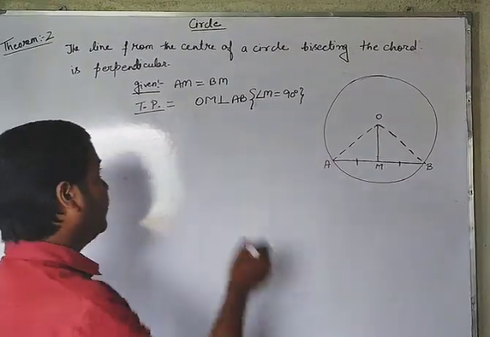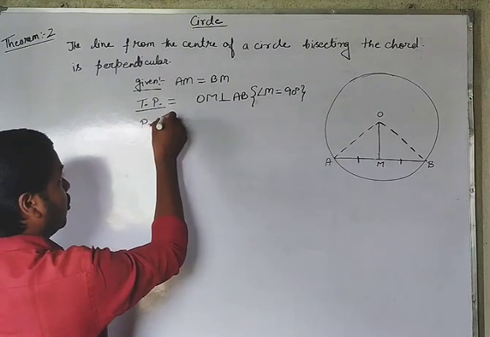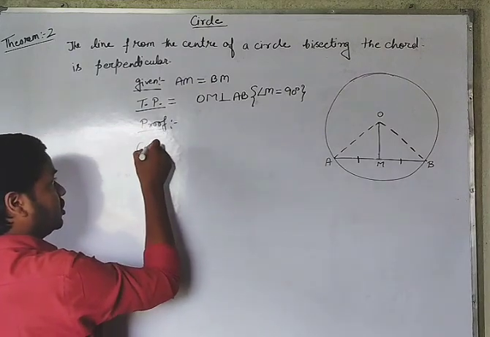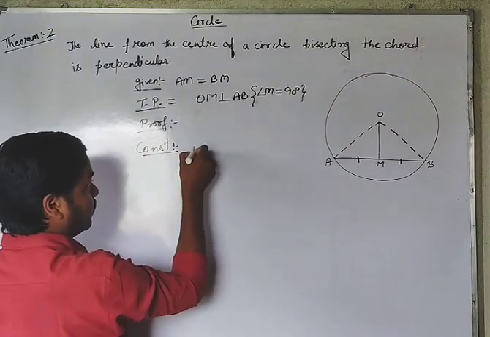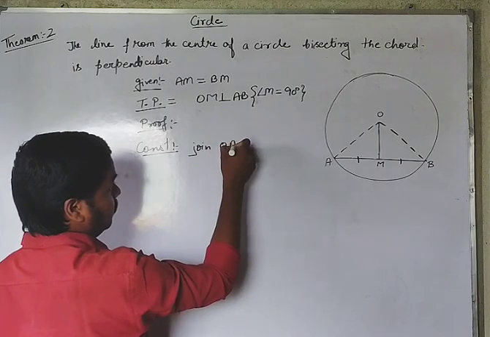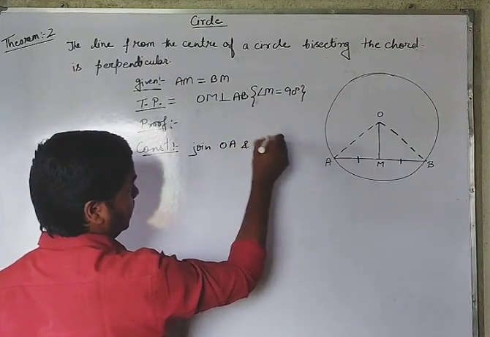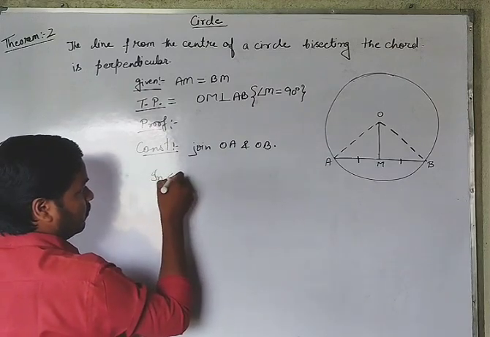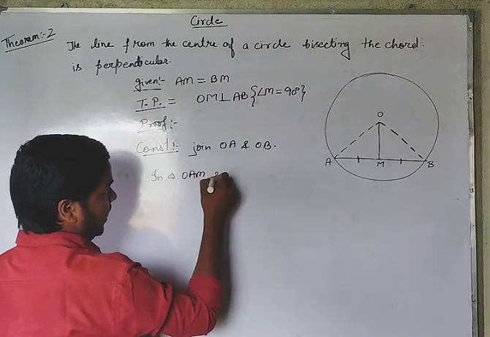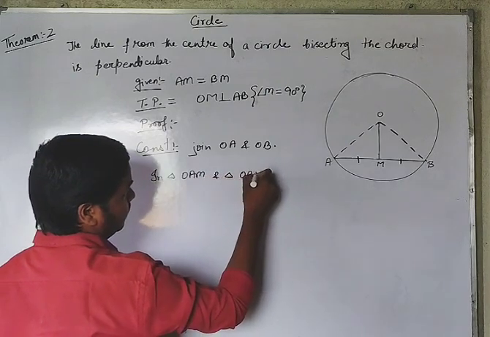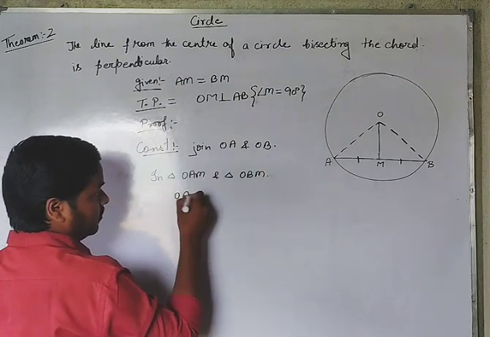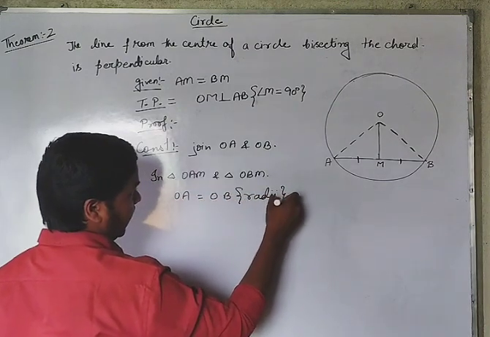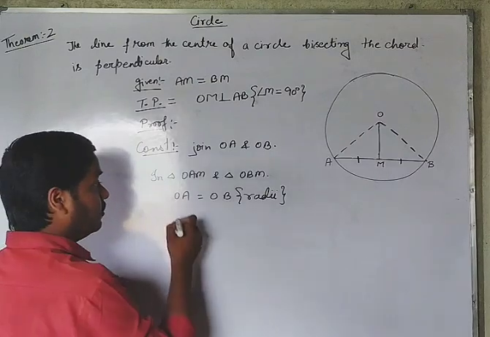Same way we will prove it. At first we will draw lines OA and OB. In the construction part, join OA and OB. Now in triangle OAM and triangle OBM, OA equal to OB, the radii that we see in the figure.